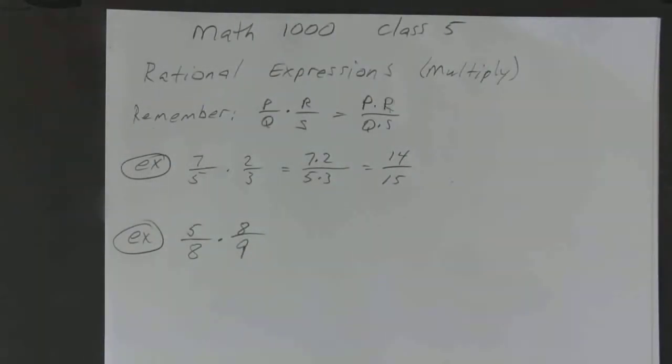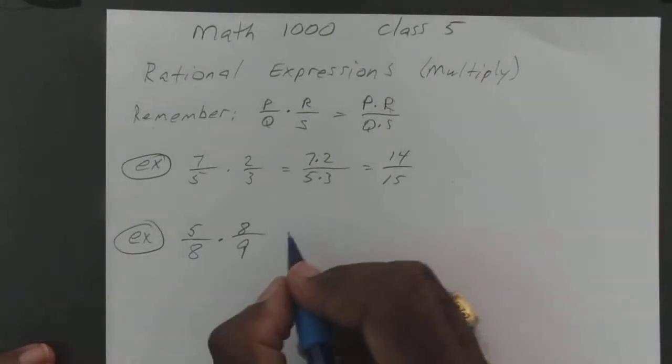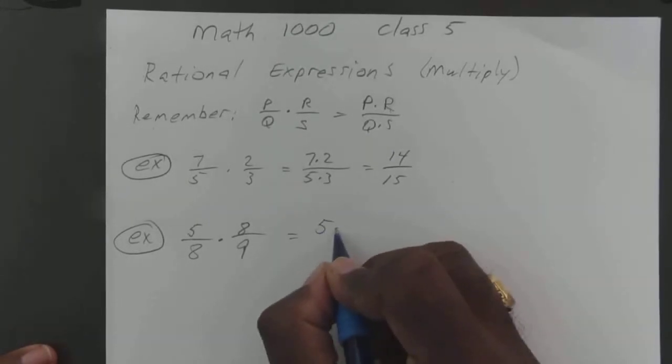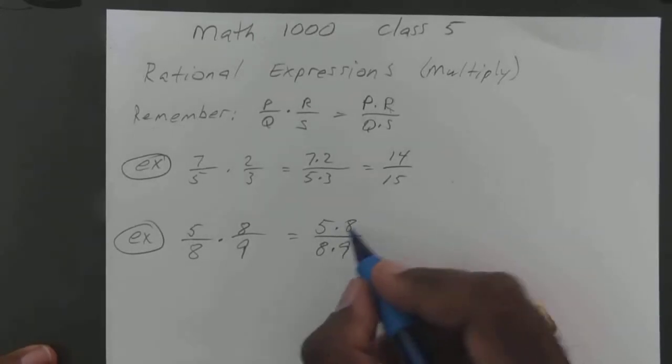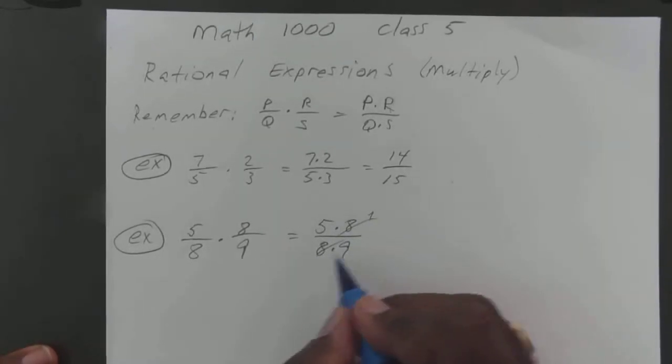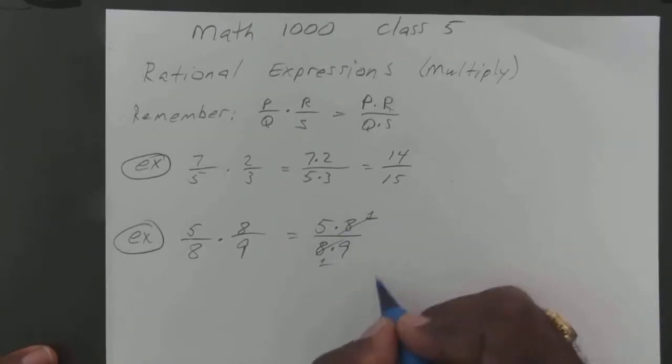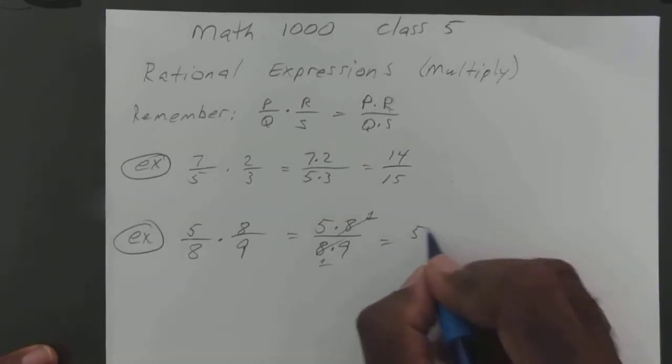I'll just pick something that easily cancels out. Okay, so that's just going to equal 5 times 8 over 8 times 9. And anything divided by itself can just cancel out to equal 1. So you just end up with 5 over 9.